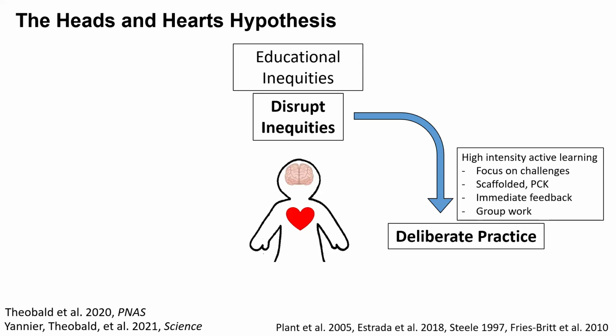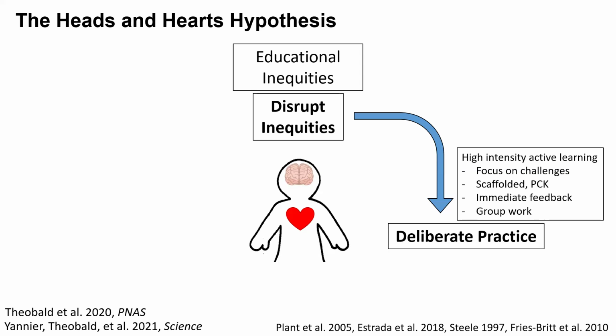High intensity active learning is often really focused on the challenges for students in what they're actually learning, but it is coupled with scaffolding and an instructor's pedagogical content knowledge, that knowledge that says, I know this is hard for you, but I also know it's going to help you learn that thing better.